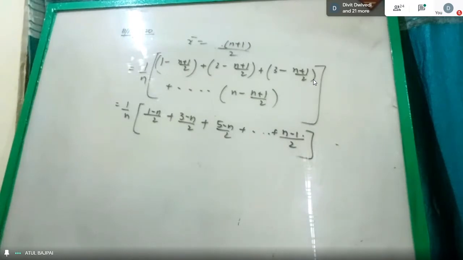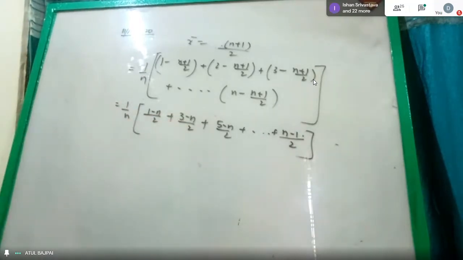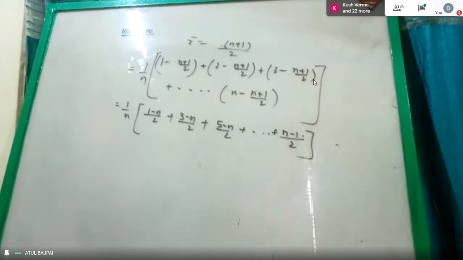Now what can we take? Apply the formula, sum of n terms is n by 2 times 2a plus n minus 1 d. What is a in this case? 1 minus n. Yes or no? And what is d? d is 2. So can we apply the n by 2 formula?